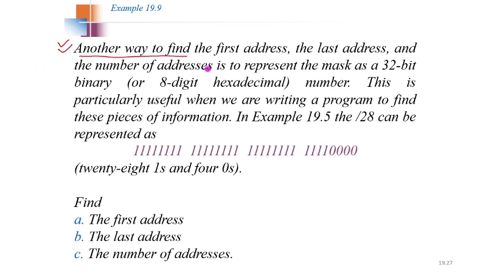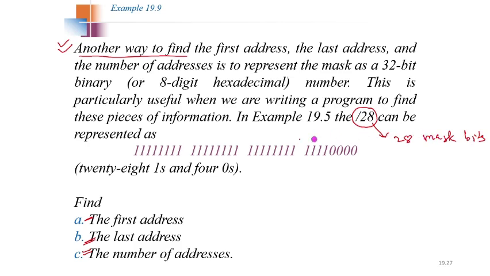Here, in the same previous example, we can find the first address, last address, and the number of addresses using another method. Suppose we only have slash 28 given, meaning there are 28 mask bits.